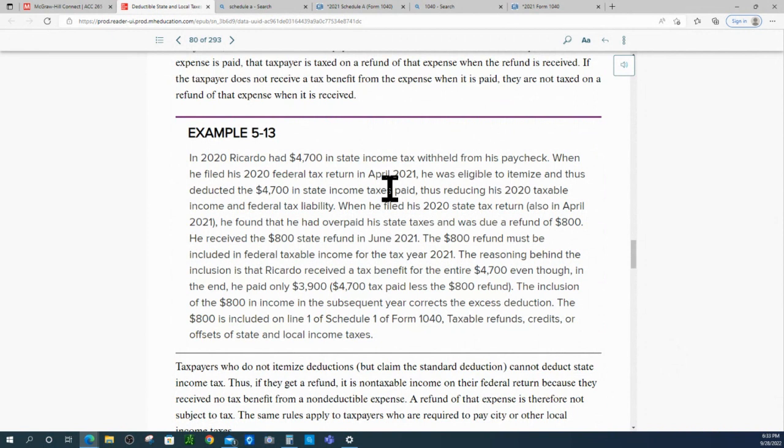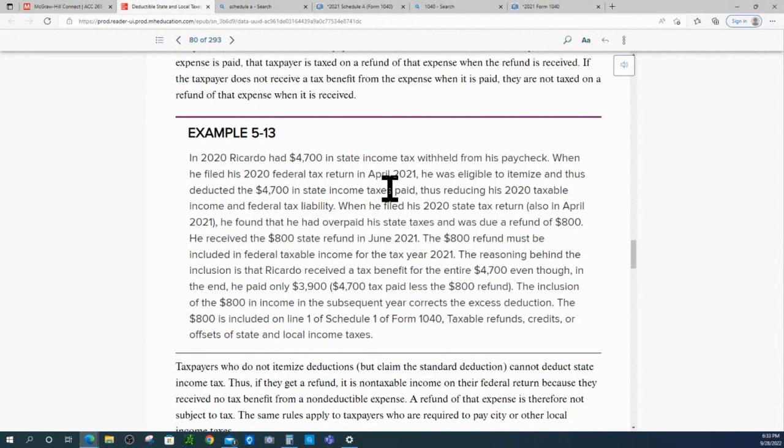When he filed his 2020 state tax return, he found that he had overpaid his state taxes, was due a refund of $800. So he received the $800 state refund. Now think back to when we were doing the calculation of refunds that were taxable. Remember, in order for state refunds to be taxable, you have to have itemized in the year before.